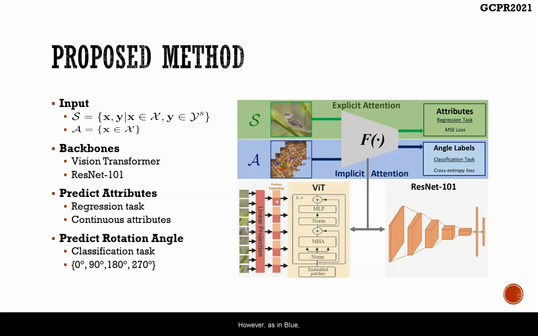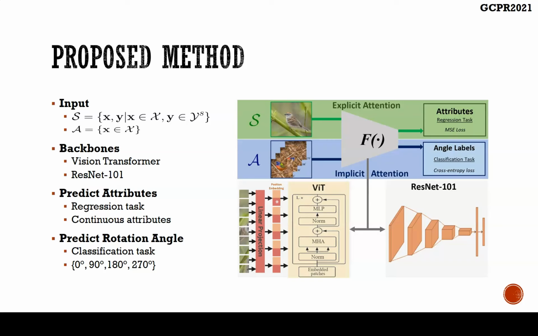However, as in blue, rotated images are used for rotation angle classification, which helps the model to learn visual representations with the help of implicit attention mechanism. In explicit attention, the model attends to image regions and learns the visual features that can be relevant to predict attributes with the help of multi-head self-attention that is employed in the Vision Transformer.